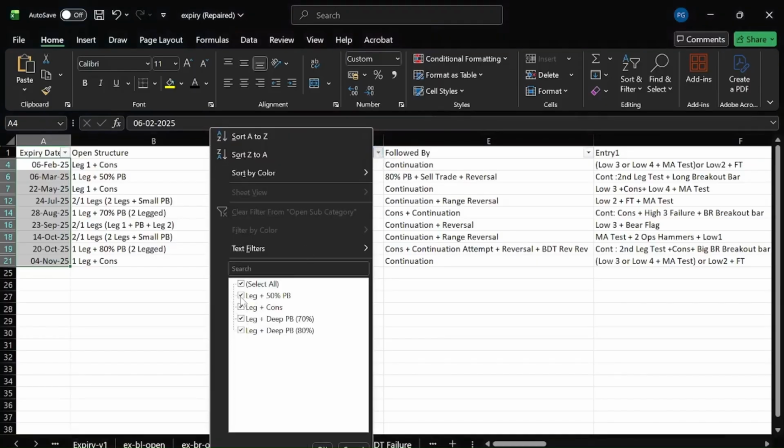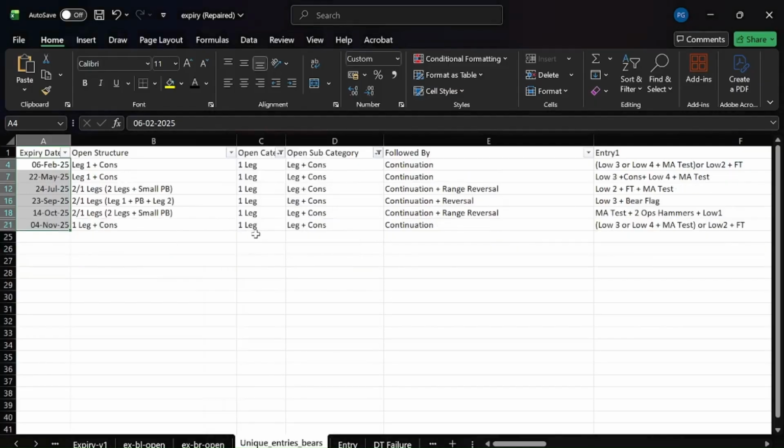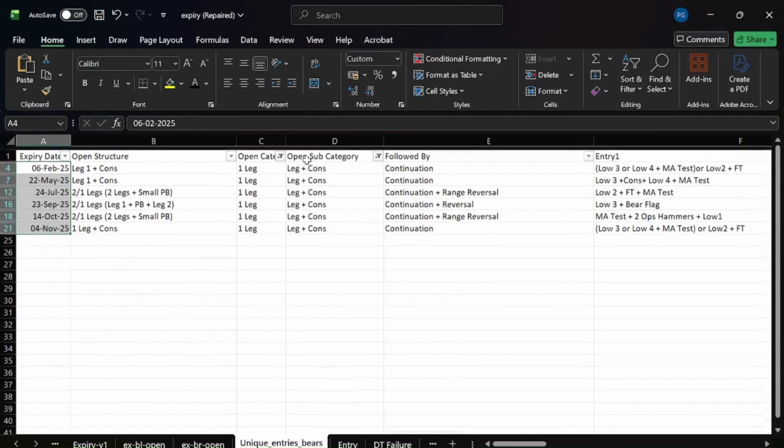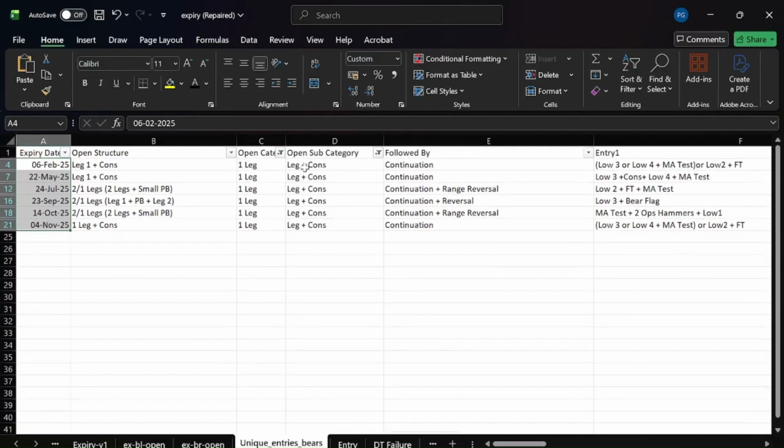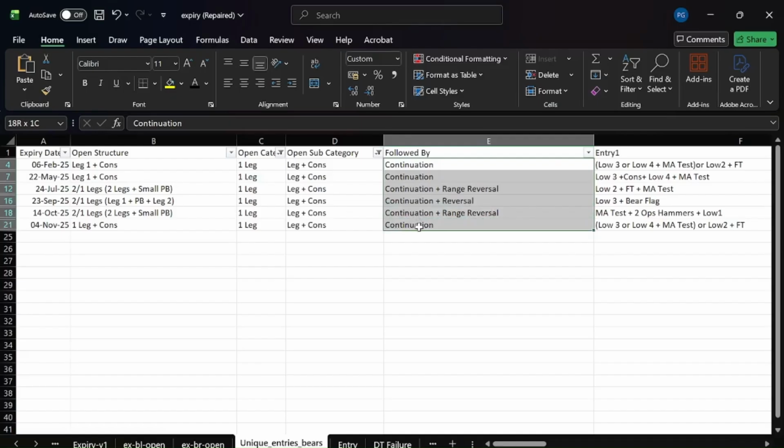The first one is 1 leg plus consolidation. This category has 6 days. When you see only 1 leg and consolidation formed by 10:50, you can almost always expect a continuation trade.